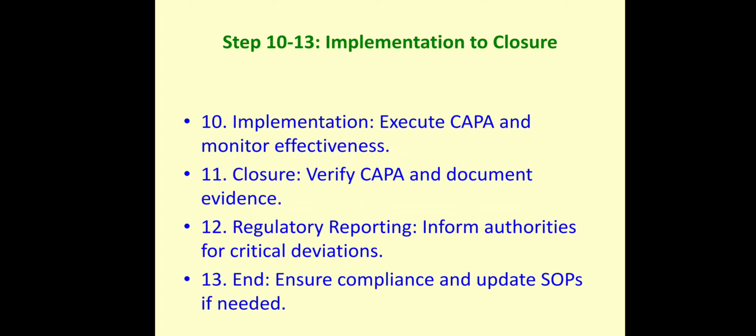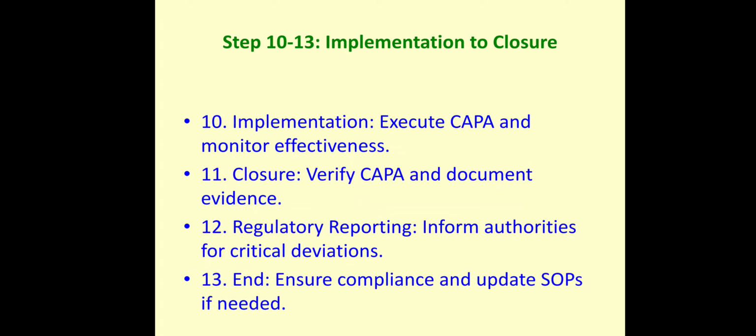Suppose if any upgradation is needed, we should update our SOPs or we should update our specifications. It is a very, very crucial step in the deviation handling because if we are implementing the corrective measures properly, there will be less chance of reoccurrence of that particular deviation in future.